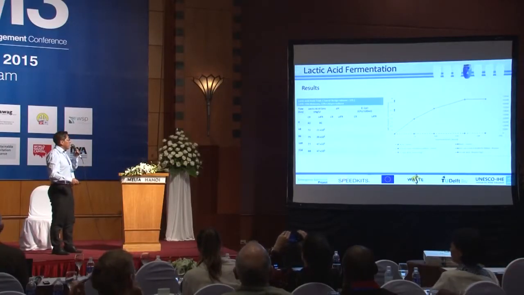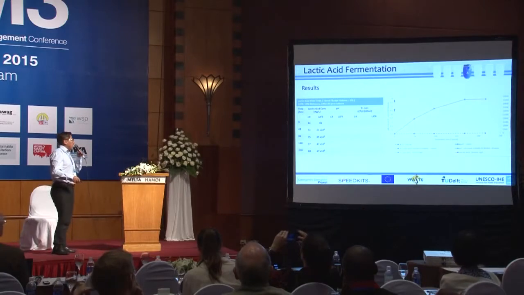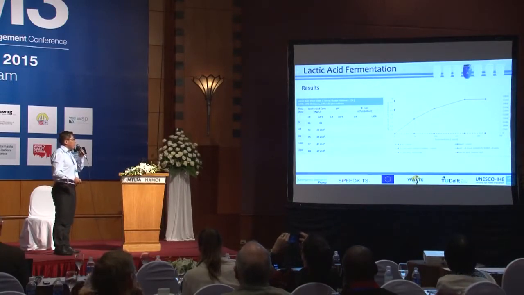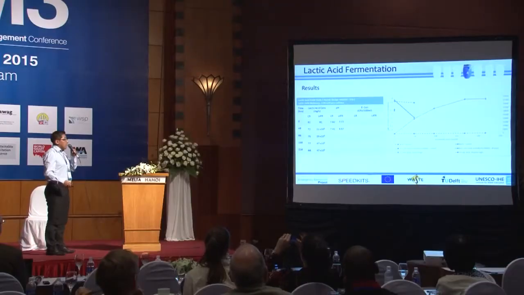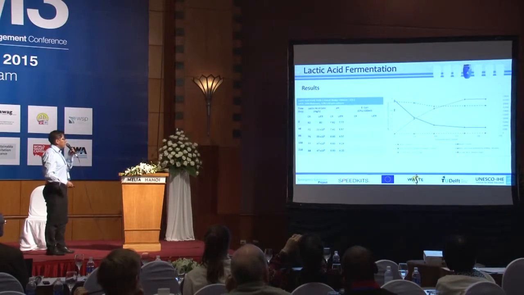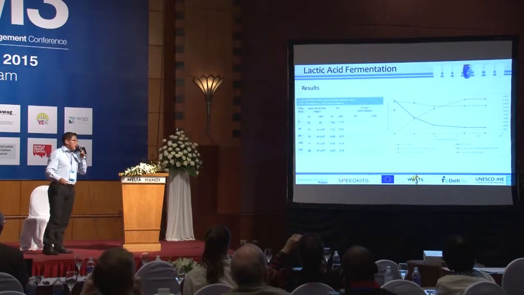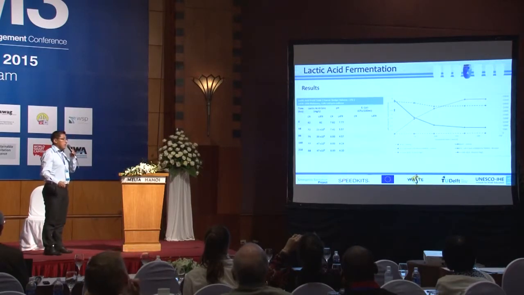As you can see, at day 9, it was 4,700 milligrams per liter of lactic acid. How does it work with the pH? The pH started decreasing. It's the opposite. The lowest pH we reached was at day 9, almost 4.2.